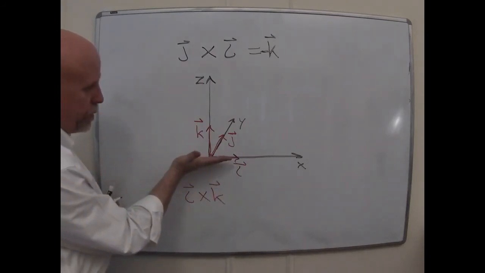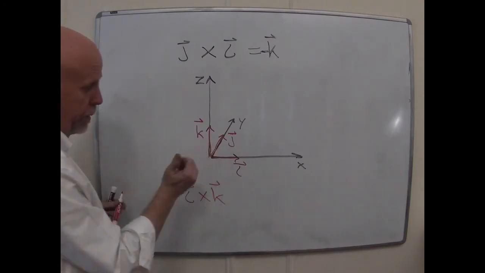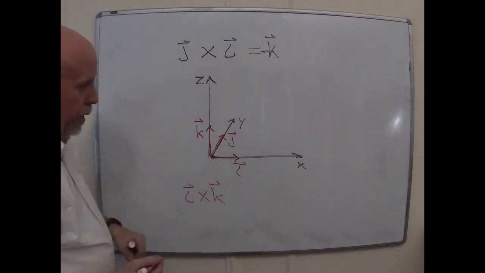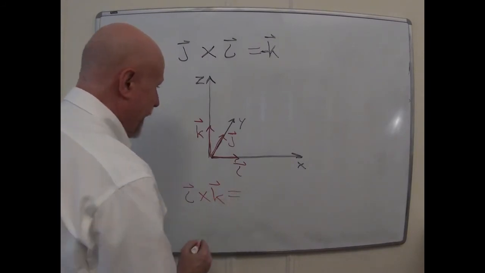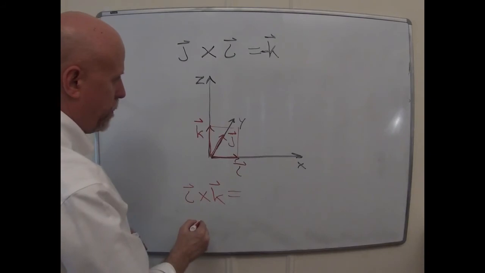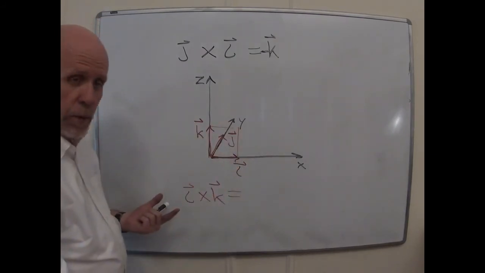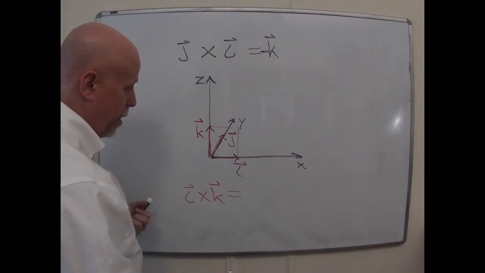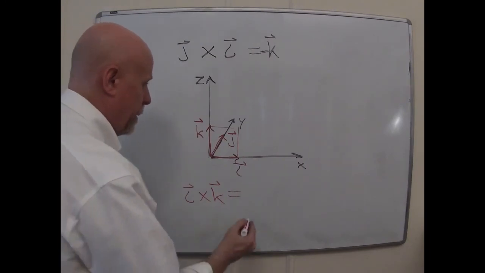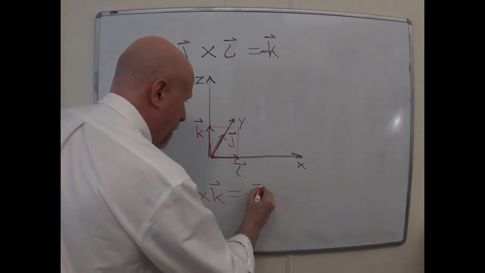I put my fingers along i, curl them towards k, my thumb points out of the board. So I know it's in the direction opposite to j, and its magnitude is what? Well, how big is the i cross k parallelogram? It's a 1 by 1 square. So the magnitude of this result is 1, but it points in the negative j direction, so it is indeed negative j.